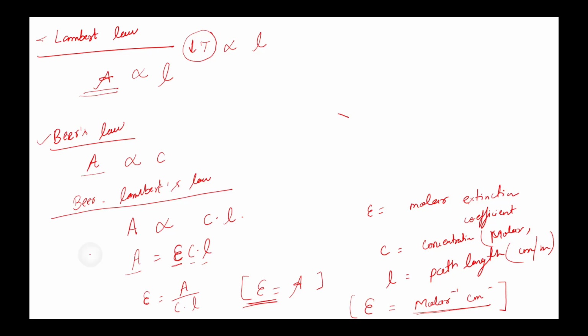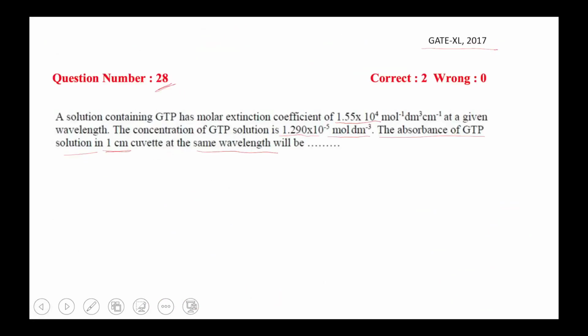In our question, the solution containing GTP has a molar extinction coefficient of 1.55 × 10^4 per mole decimeter cube per centimeter. Here mole per decimeter cube is like our molar, which we write as mole per liter.